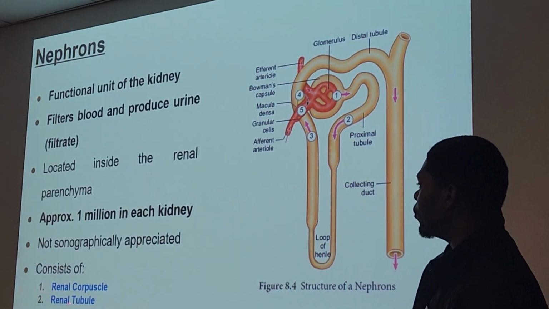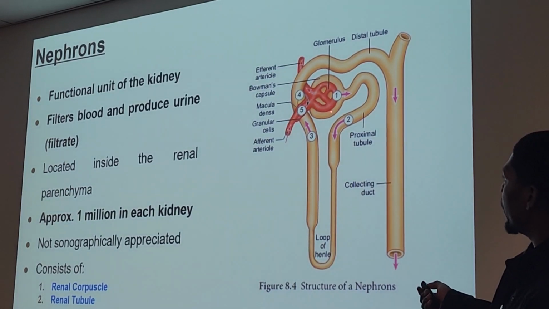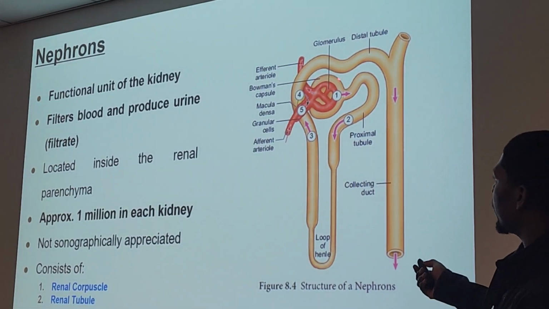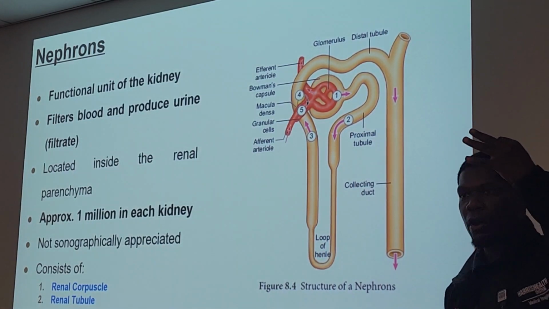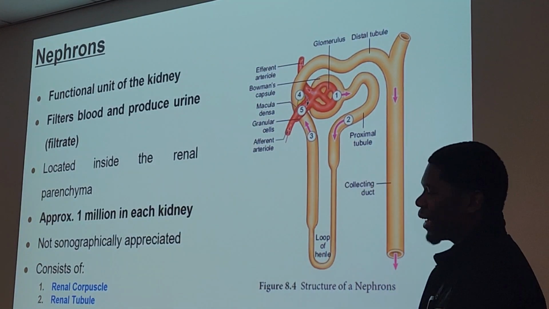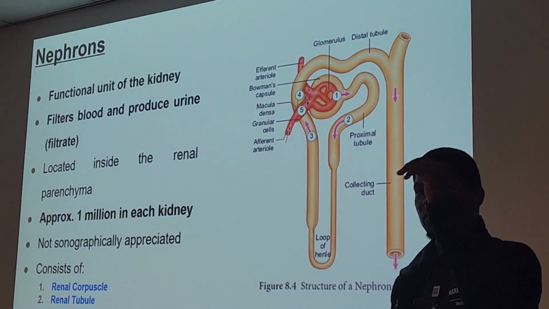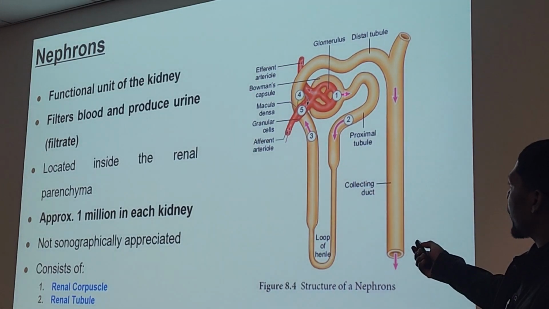There are two parts of the nephron: the renal corpuscle, which is made up of the glomerulus itself right here, and Bowman's capsule. And then you have the renal tubules, which can be divided into 3 parts. First part of the renal tubule is the proximal convoluted tubule. Convoluted means what? It's kind of swirled around, right? So the proximal convoluted tubule exits out of Bowman's capsule right there.